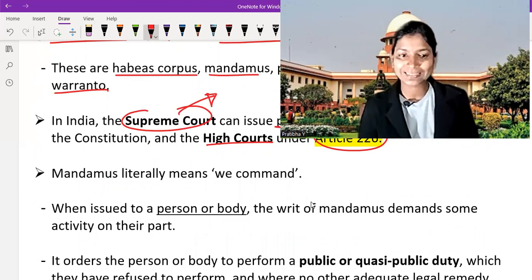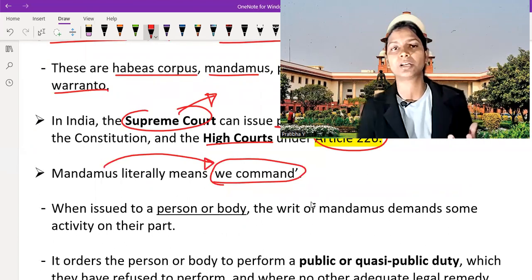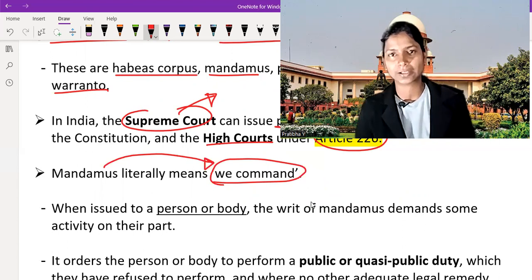Okay, so mandamus literally means "we command." The meaning of mandamus is we command. That means the authority commands a private entity or other organization to do their work if they are not doing the legal work in their authority.